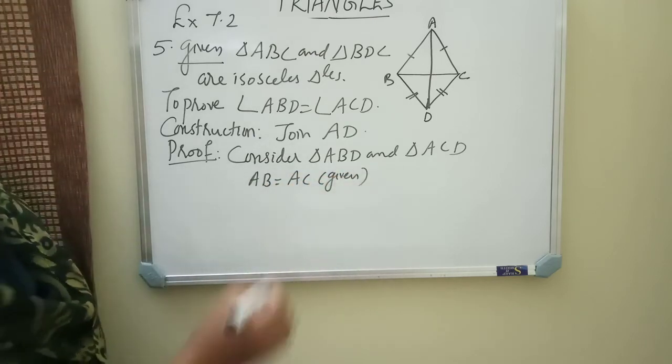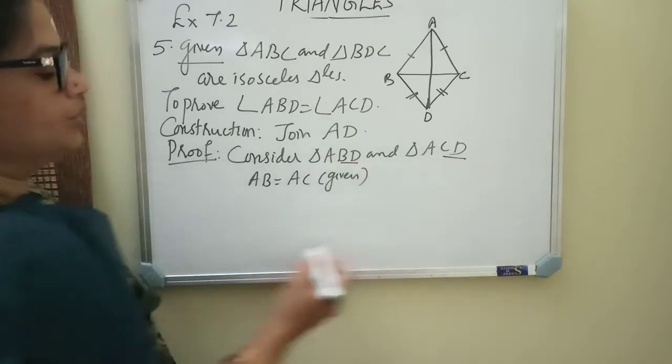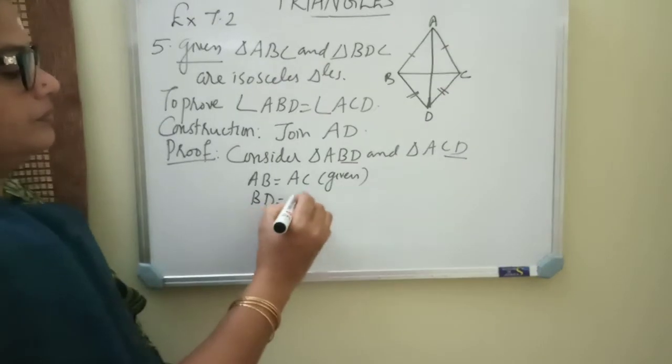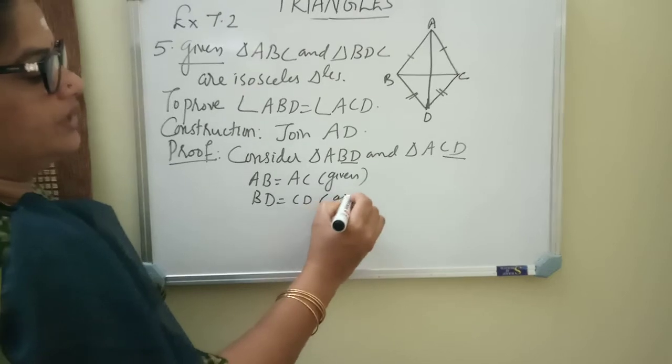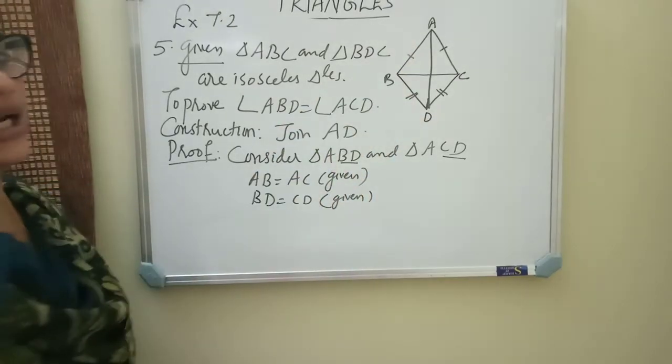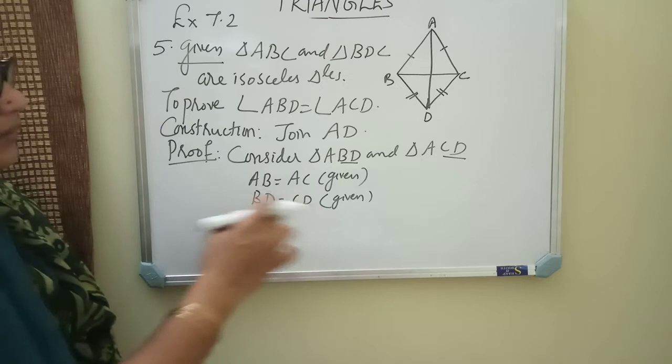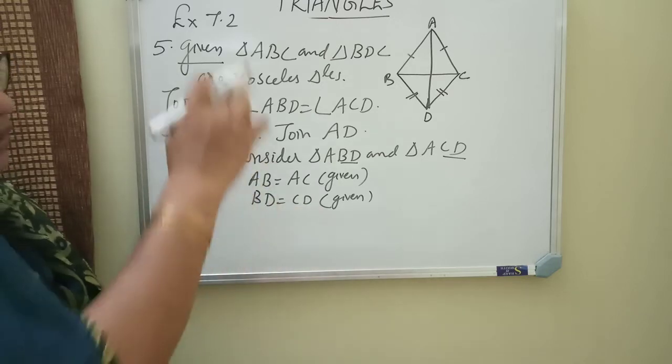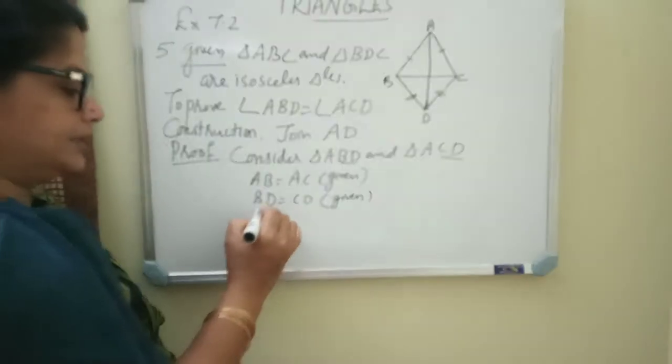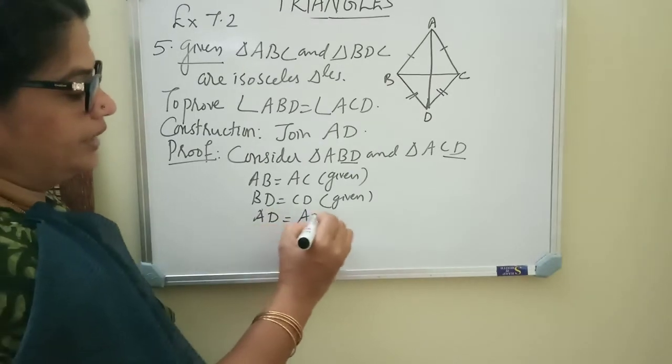In the same manner, what about BD? BD equal to CD. That is also given in the question data, because these two triangles are isosceles triangles. So we can get BD equal to CD. Then what is the common side here? AD, isn't it? So AD equal to AD, that is common.